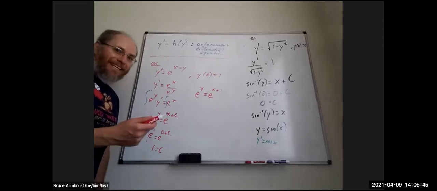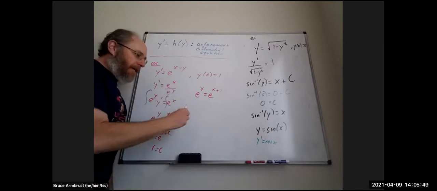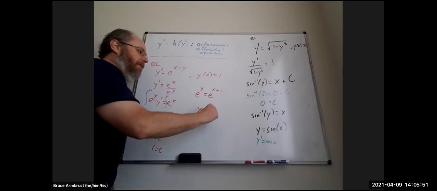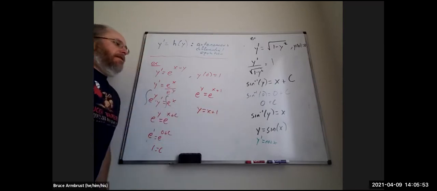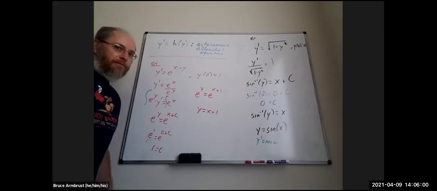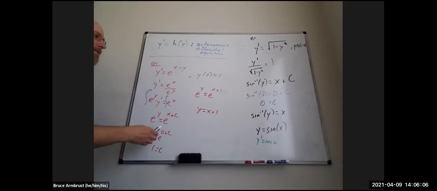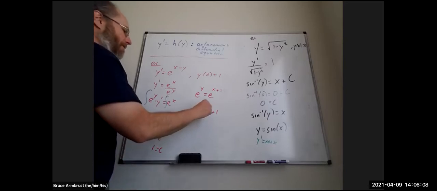So that's an implicit form. But this one I would totally go to the explicit form, because we know exponential functions are one-to-one, so you can always just equate their exponents. But yeah, there's the solution to this differential equation.